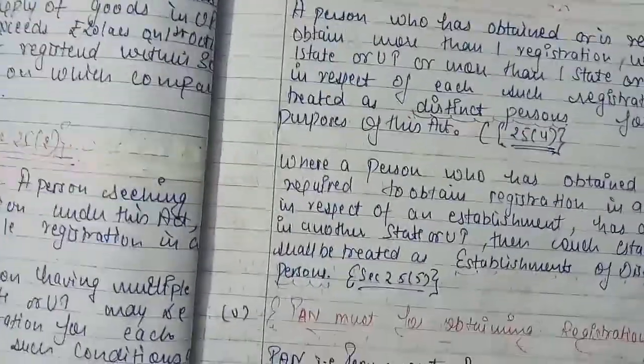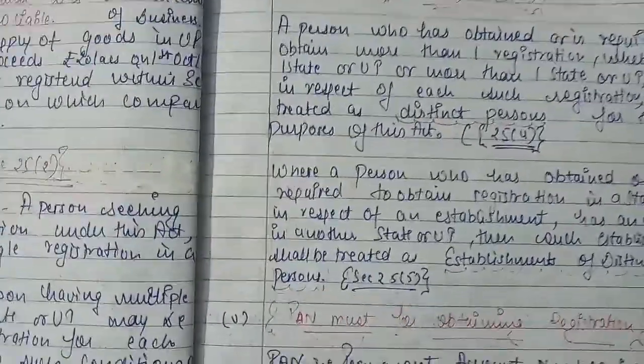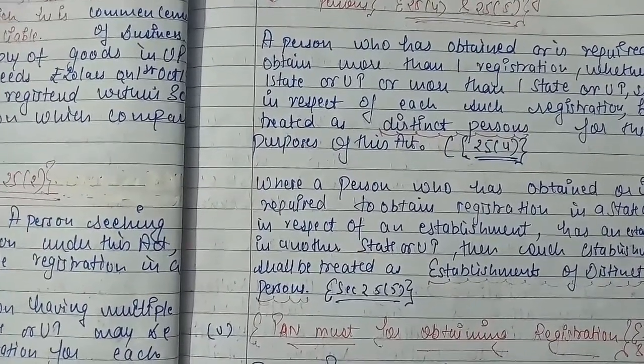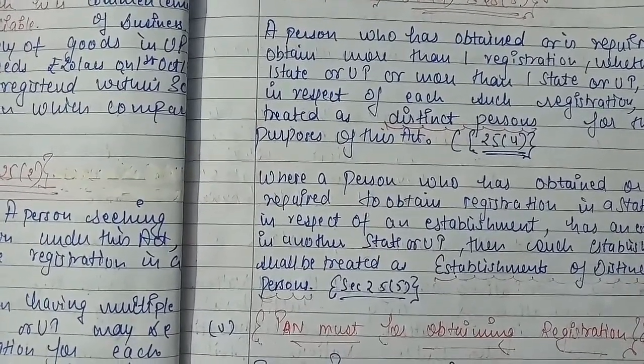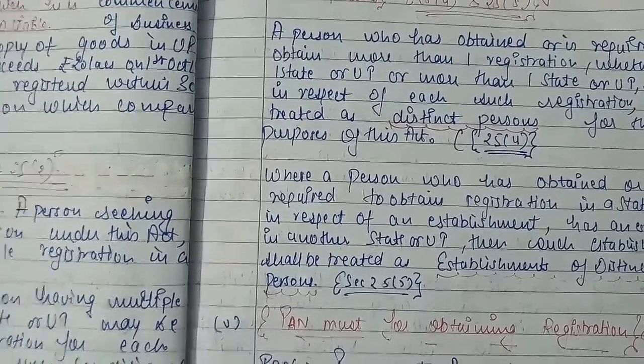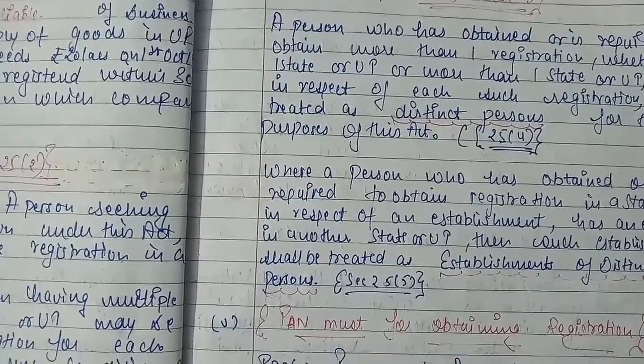And where a person who has obtained or is required to obtain registration in a state or UT in respect of an establishment has an establishment in another state or UT, then such establishment shall be treated as establishments of distinct persons.